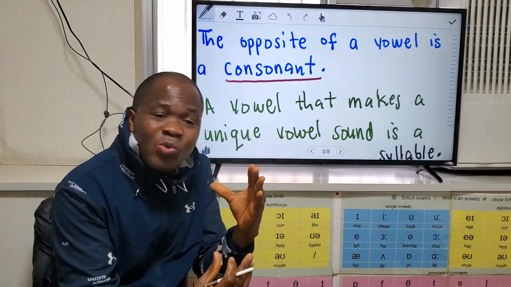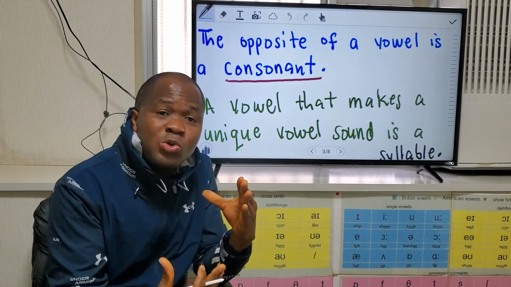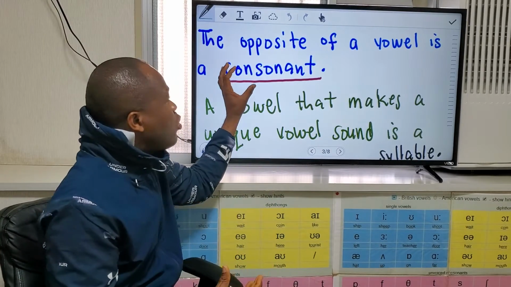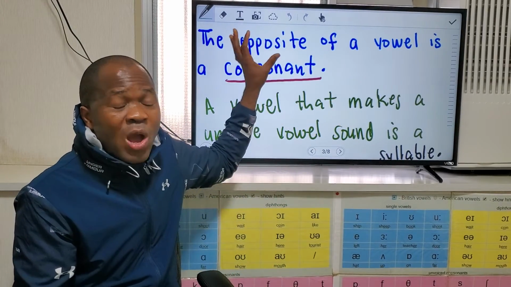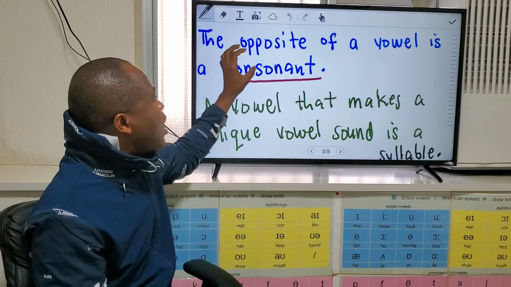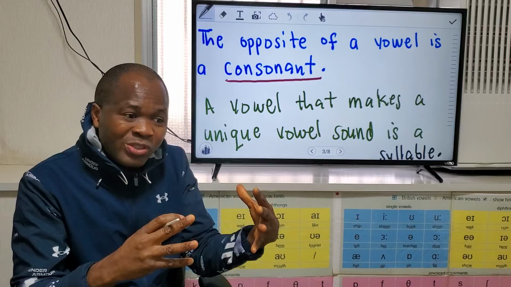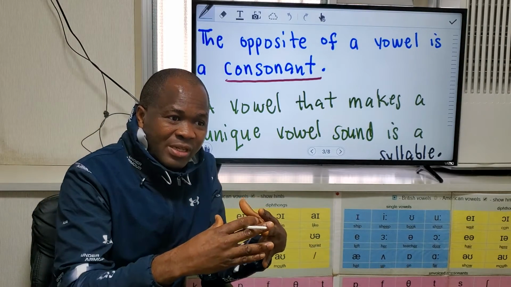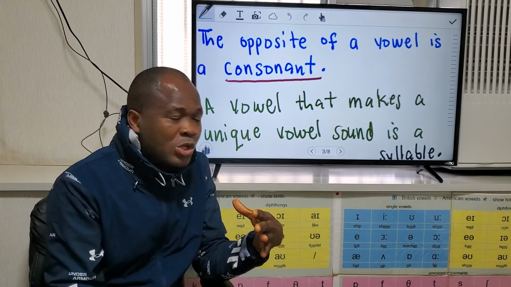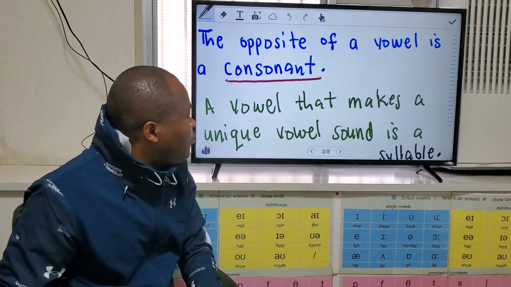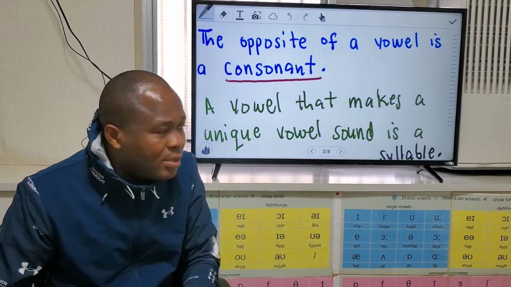And these 21 letters of the alphabet, including, remember, Y, are what we call consonants. Without the vowels in the letters of the alphabet, the rest are all called consonants. Therefore, the opposite of a vowel is a consonant.